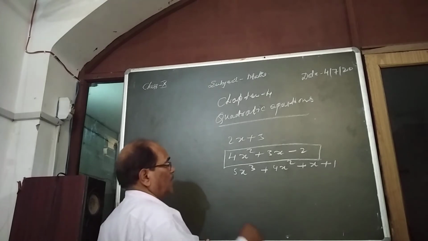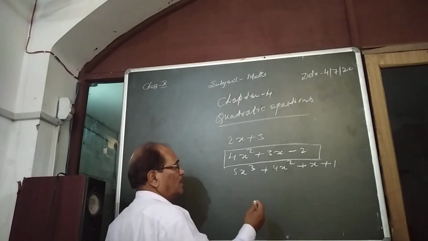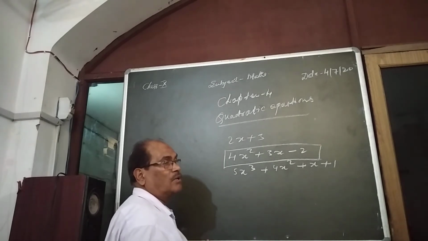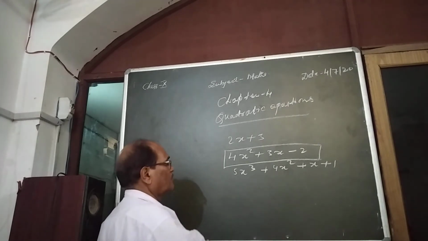Now, any polynomial having one variable and degree 2 is called a quadratic polynomial.